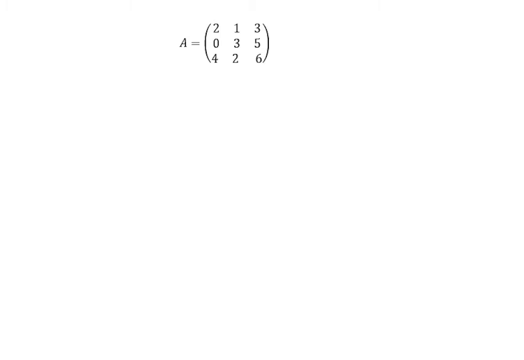So here is another example. We have a 3 by 3 matrix. When we look at the first row and the third row, they are proportional also.